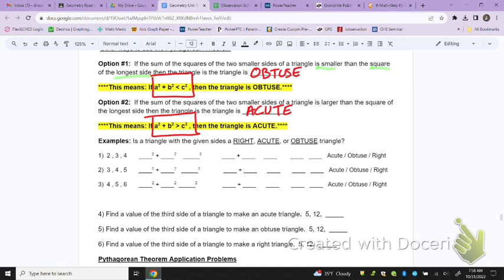Let's test this out now in our examples. This time, we're trying to decide, is it right, acute, or obtuse? And your options are less than, greater than, or equal to. So you're going to start by squaring each of these sides.